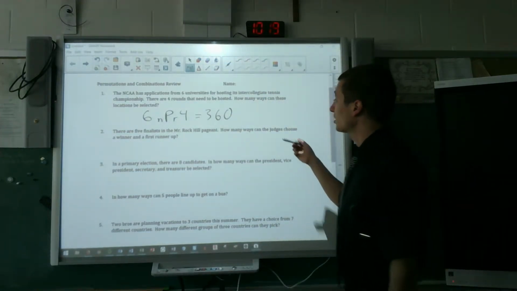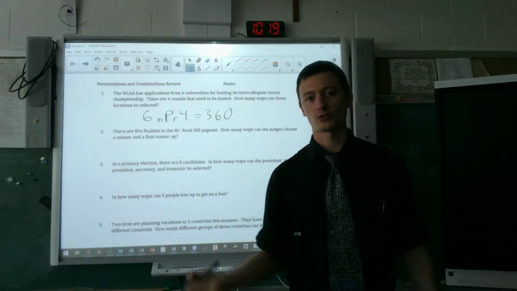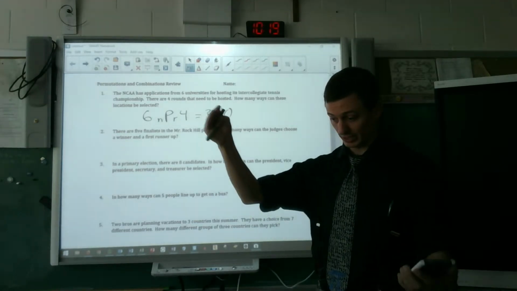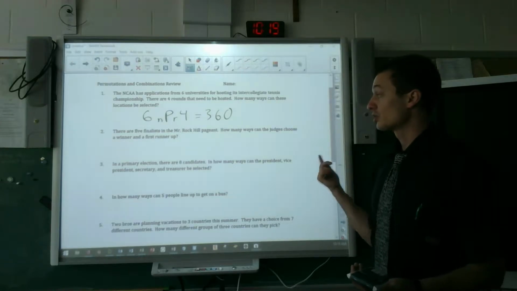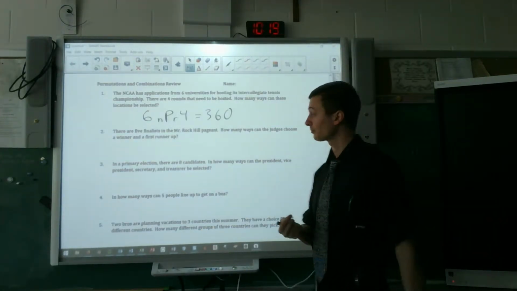And again, it's because there's four rounds of a championship. There's going to be a first round, and the fourth round is the most important. So there's a layer of importance for the 4 rounds. This would absolutely have to be a permutation because first is different from the fourth.